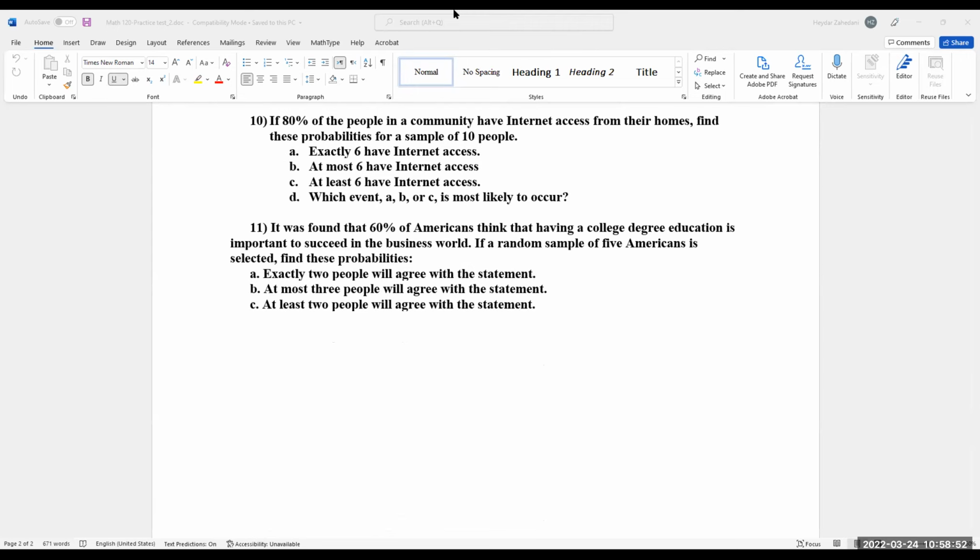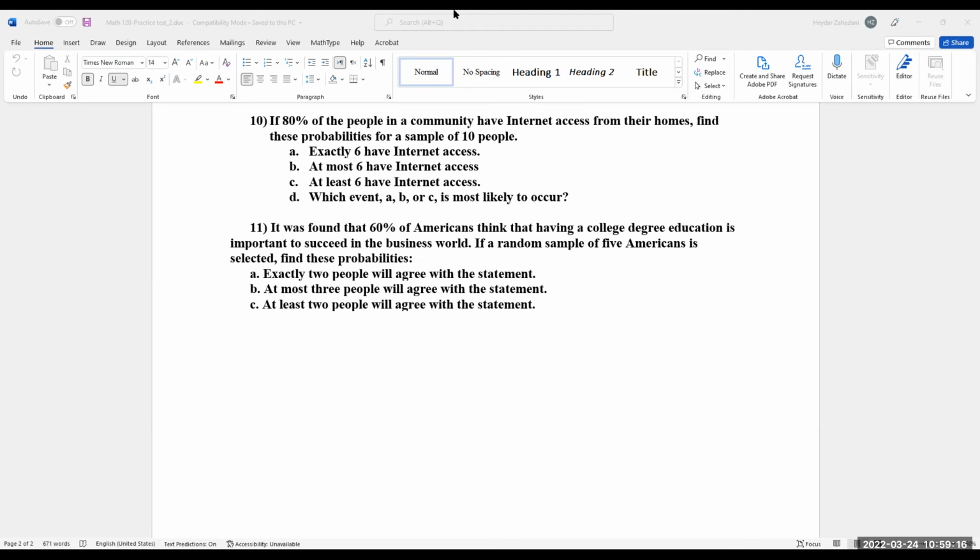It was found that 60% of Americans think that having a college degree education is important to succeed in the business world. If a random sample of 5 Americans is selected, find this probability: exactly 2 people agree, at most 3, at least 2. Okay, so you have to design it.